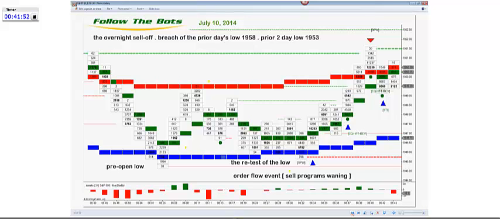All right, so this is where I'm going to get Carl the microphone over to him, because what I would like you to see now, having a confident method wherein we can project the potential pullback area. Now remember, 1944 was our downside target.